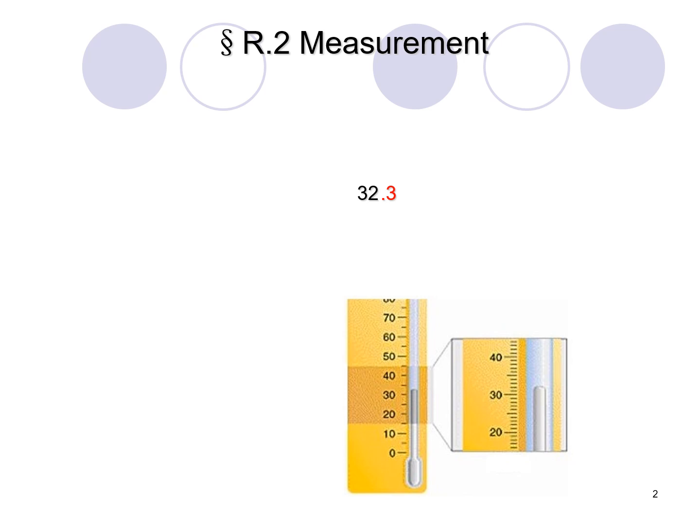So that's a 32.3. That is what I estimate. I just wanted to make the point: the temperature is between 32 and 33 on the lower end. So that 0.3 is an estimate value.